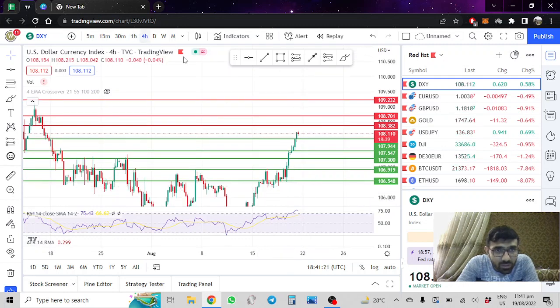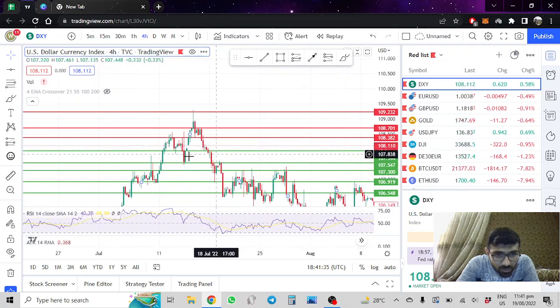In the 4 hour, what I'm saying is that the RSI has gone up a huge amount. It is at 75, which is huge. And the last time RSI went so high, when was it? No, we do not have any recent data to support that.